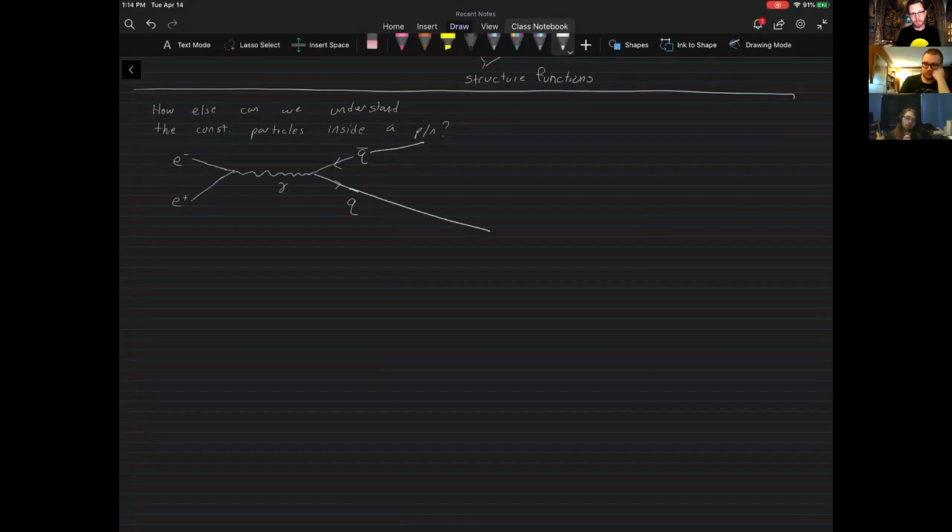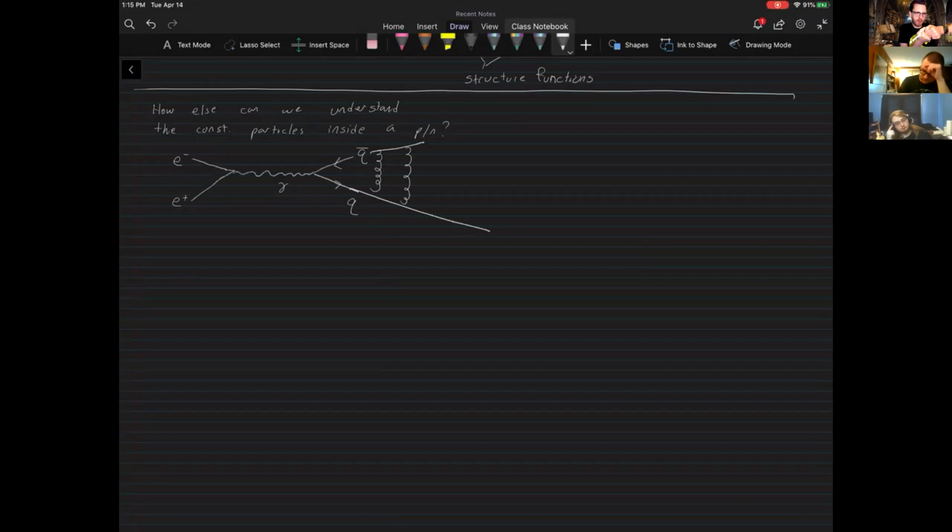But the quarks are colored objects. We're going to talk about in QCD that they have this thing called color charge. And they like to grab onto each other very strongly by exchanging gluons with one another. And so now this process looks a lot like that process we were talking about, pulling a quark out of a proton.